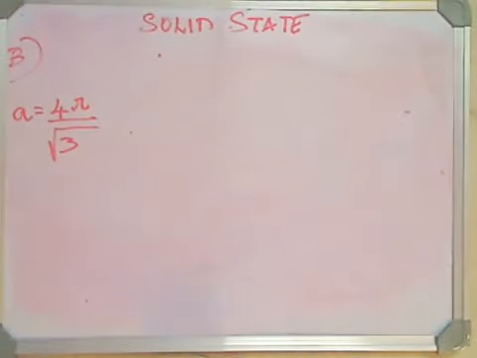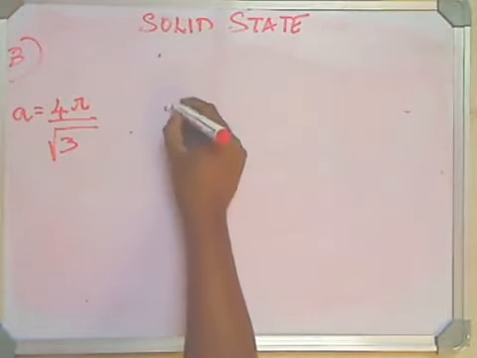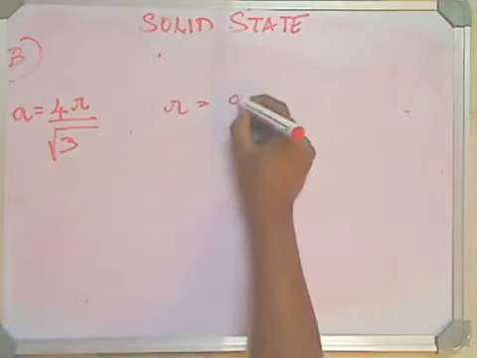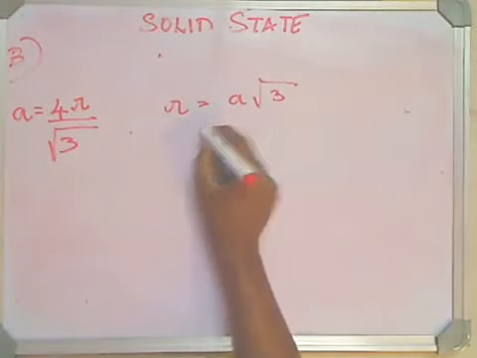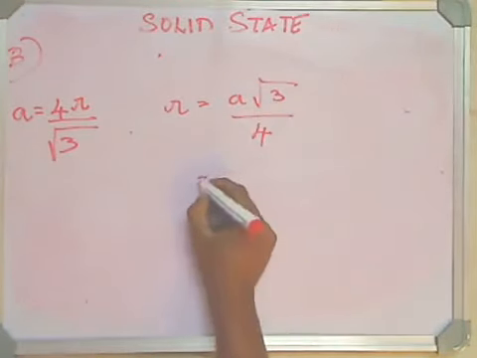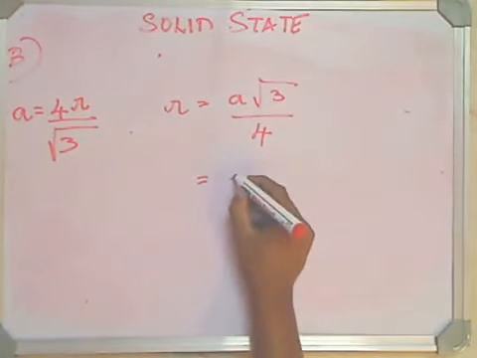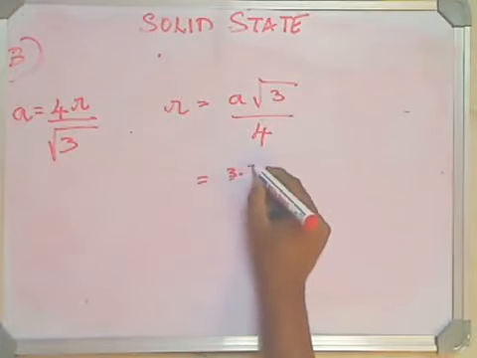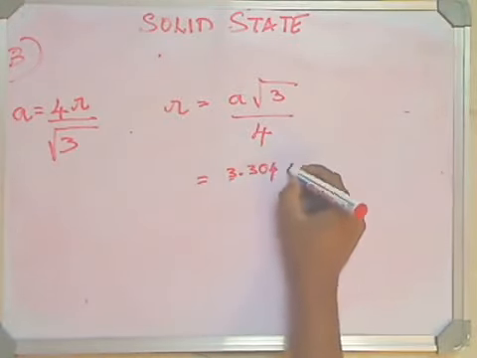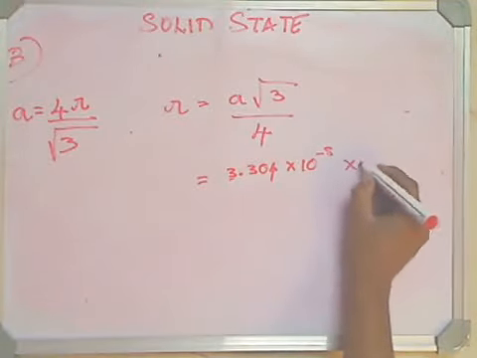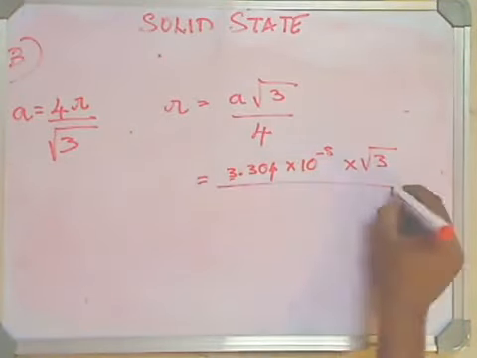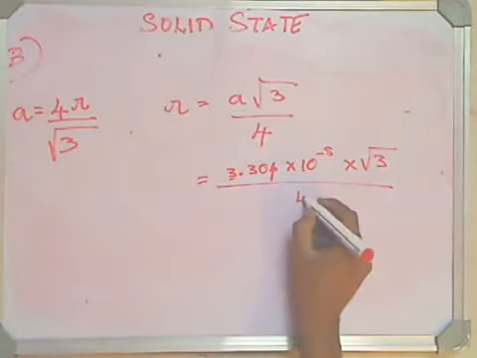So the value of A is something that we already know. So here R would be nothing but, this is what I would be doing, 3.304 multiplied by 10 to the power of minus 8 multiplied by the cube root of 3 divided by 4.